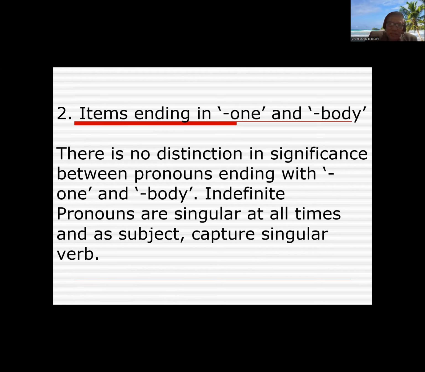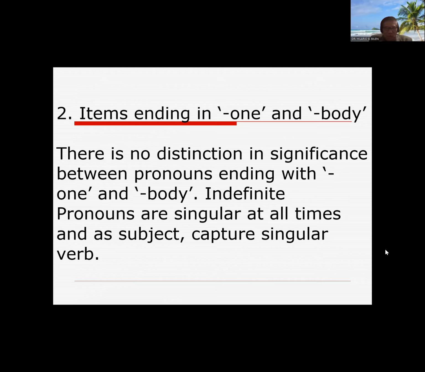But there are words or items ending in one and body. So there is no distinction in significance between pronouns ending with one and body.